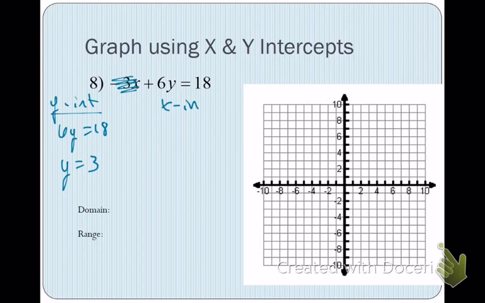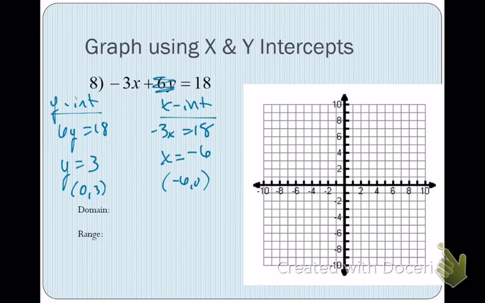The x-intercept, now we're going to go back to the equation and cover up the y, and we get negative 3x equals 18 divided by negative 3. So now our y-intercept, our coordinates are 0, 3. Our x-intercept, our coordinates are negative 6, 0. 0, 3 is right here. Negative 6, 0 is right here. And we graph our line.